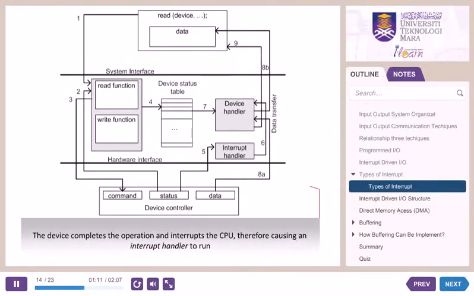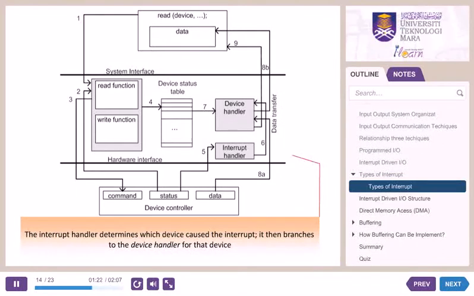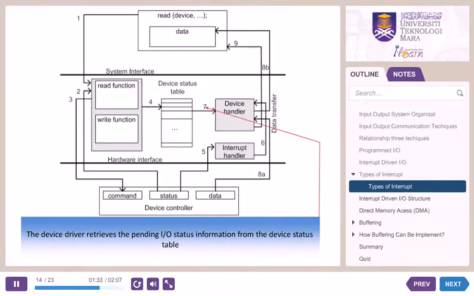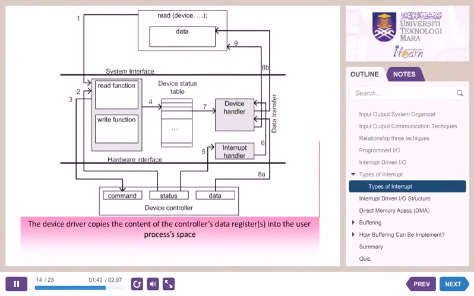5. The device completes the operation and interrupts the CPU, thereby causing an interrupt handler to run. 6. The interrupt handler determines which device caused the interrupt, then branches to the device handler for that device. 7. The device driver retrieves the pending I/O status information from the device status table. 8a, 8b.